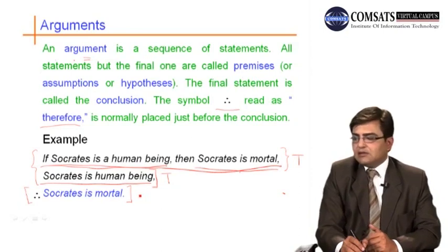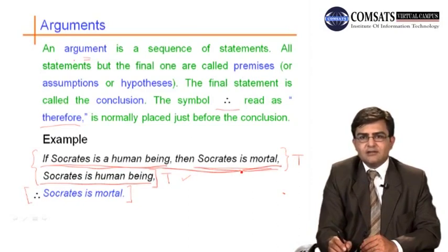Here, "if Socrates is a human being, then Socrates is mortal" is true, and the second statement, Socrates is a human being, is also true. Now if this statement is true, then the conclusion, Socrates is mortal, cannot be false, because if we suppose that Socrates is not mortal, then the first premise will be false.